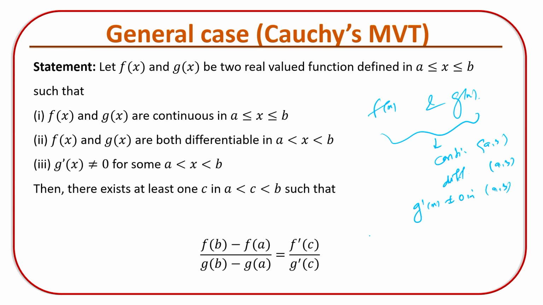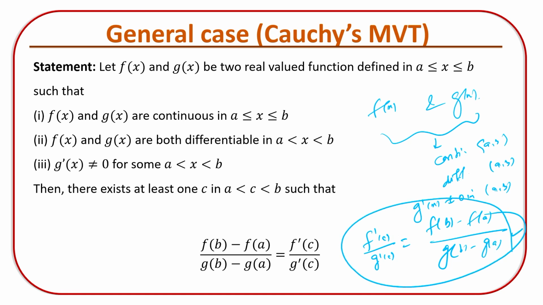Then we can calculate f'(c) over g'(c), the ratio of the slopes of the two lines at the point c, such that it is equal to the ratio of functional values: (f(a) - f(b)) divided by (g(a) - g(b)).